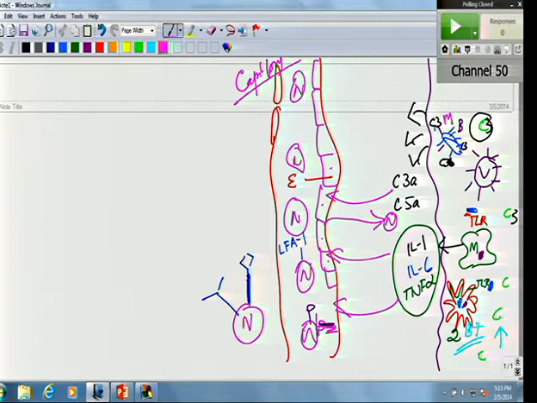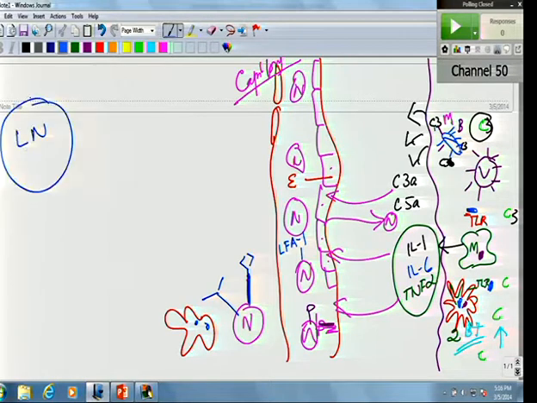So the mannose binding lectin will bind to the mannose residue and trigger the complement pathway. Okay, so the alternative and the mannose binding lectin pathway could be triggered here. Now the dendritic cell will travel all the way with the antigen. It has to go to the lymph node and the spleen.